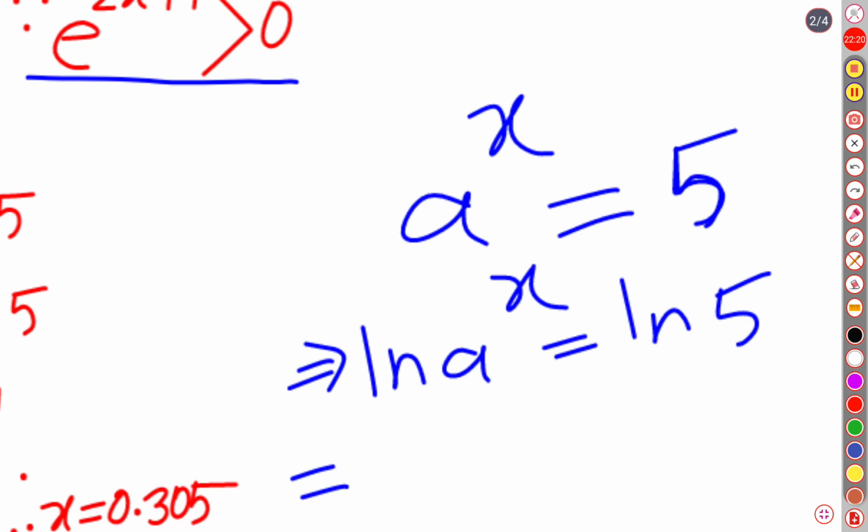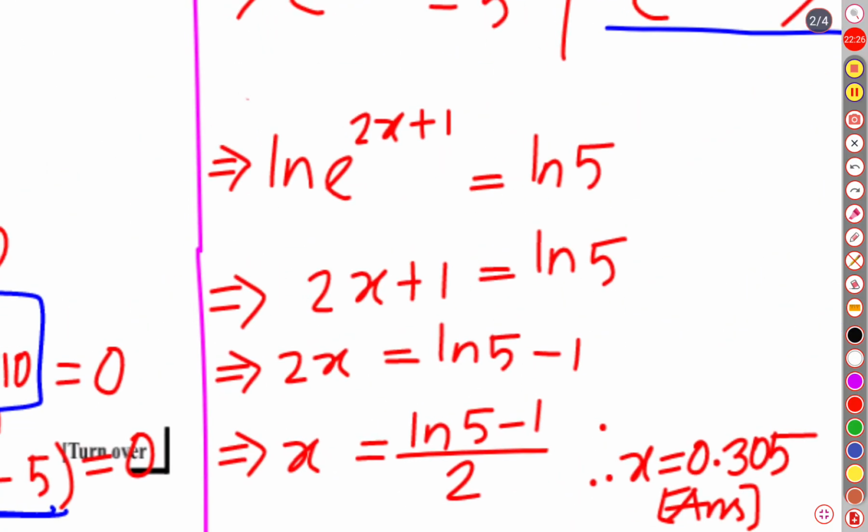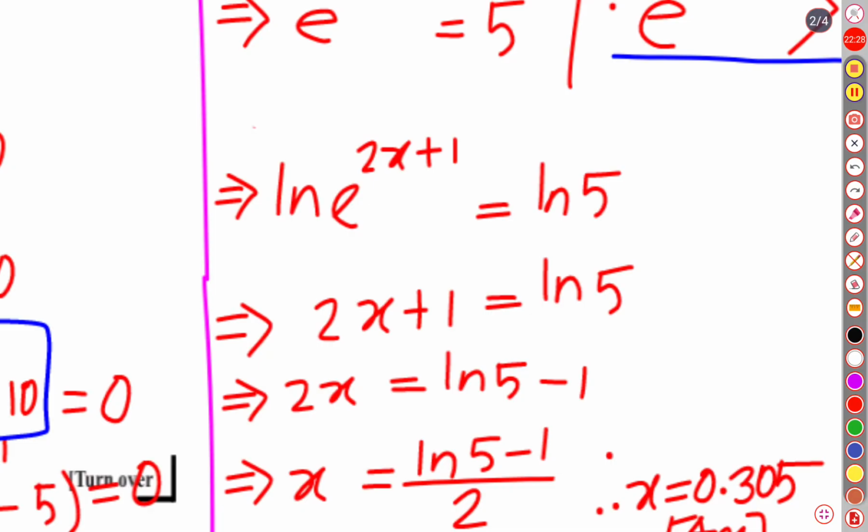We have just taken ln on both sides. Now if ln is taken on both sides, what will happen? Look at this here. We know that if the base and the argument are the same, then it is equal to 1. This is one concept we have already learned. When the base and argument are the same, then the value is 1.